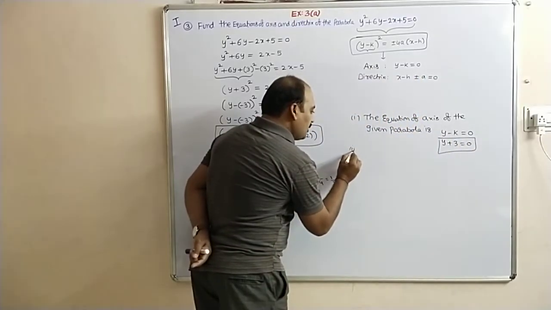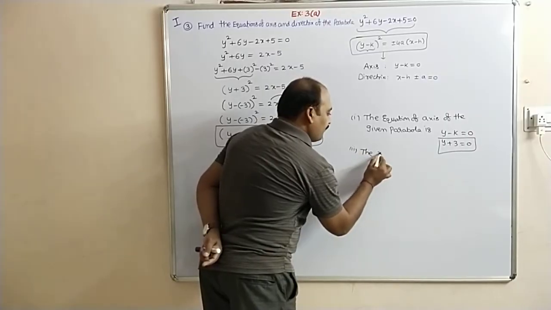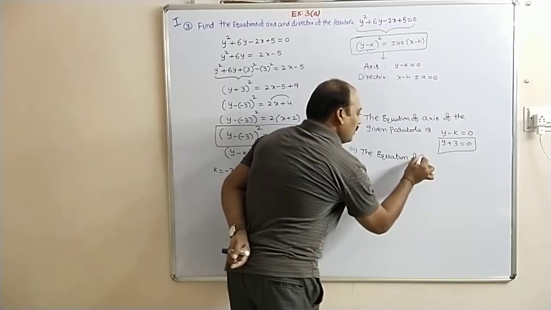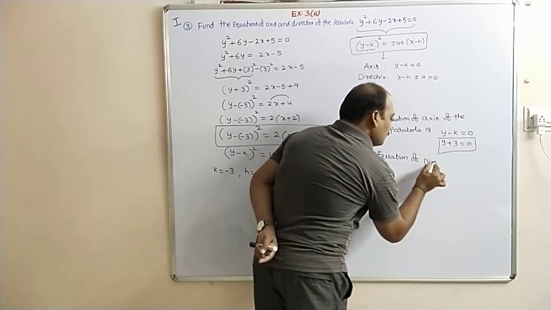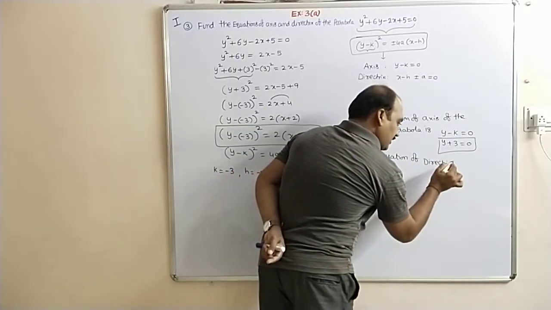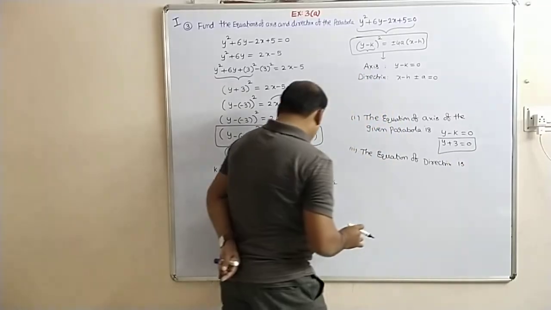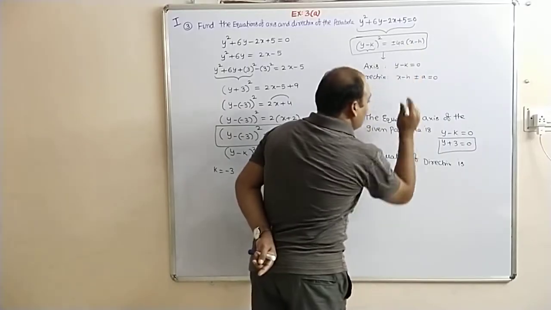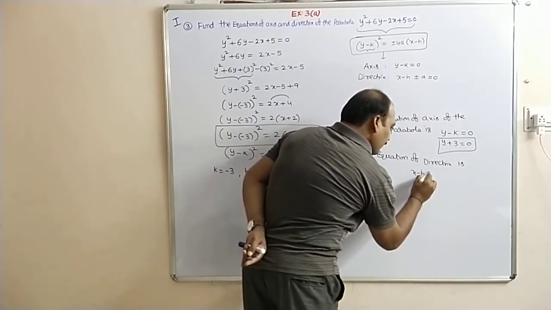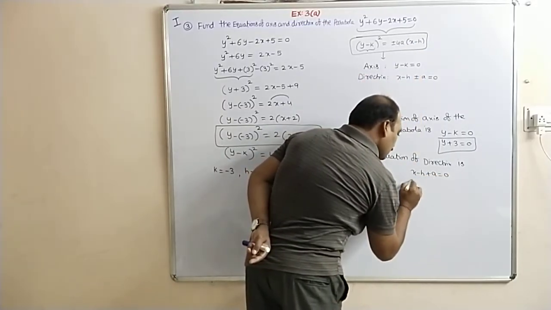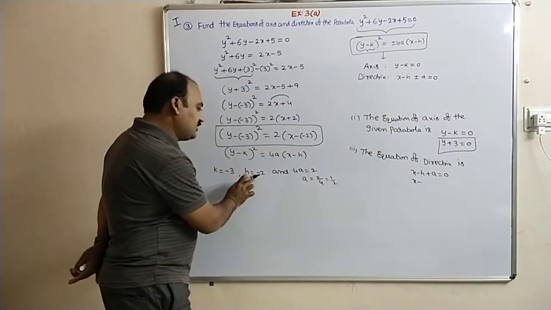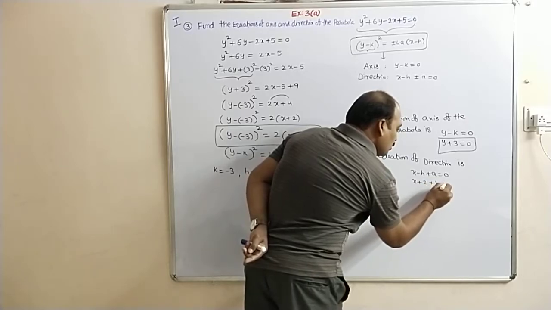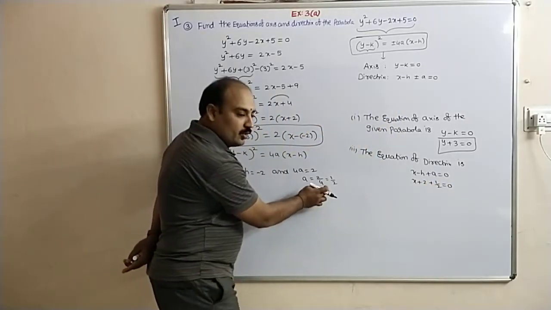Second one, the equation of directrix. Here plus is there, so what we have to do? x minus h plus a equal to 0. So x minus h value is minus 2, minus of minus 2, and the a value is 1 by 2, we got it.